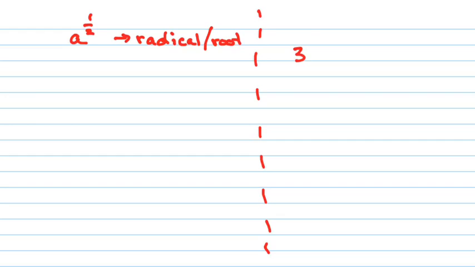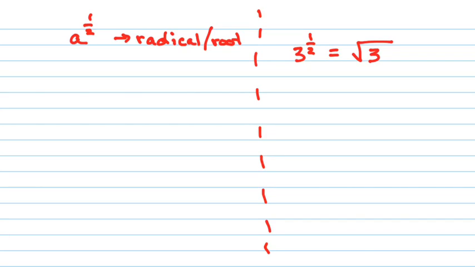Then we have something like a to the 1/2 power. Anytime you have a fractional exponent, that really means a radical, often known as a root. Right? So for example, 3 to the 1/2 power really means the square root of 3.